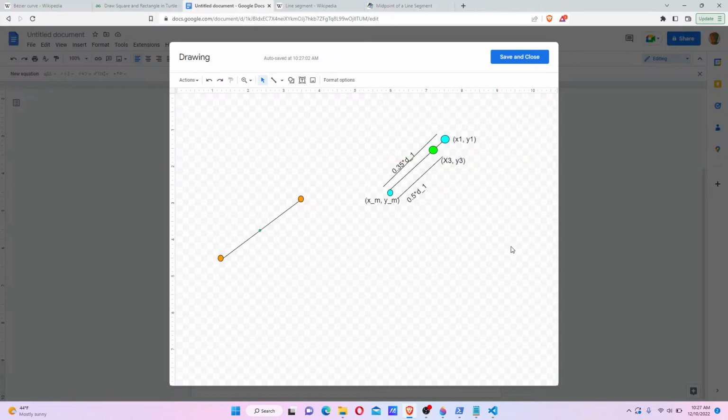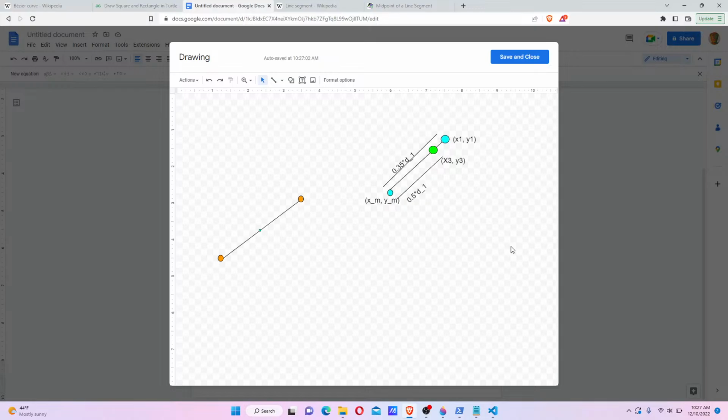Okay, now how to find x3, y3? Well, to get the midpoint, you get the difference between the points. Divide by 2. So here you could get the difference between the points. Okay, so if you want the equal distance, you divide by 2 or multiply by 0.5.